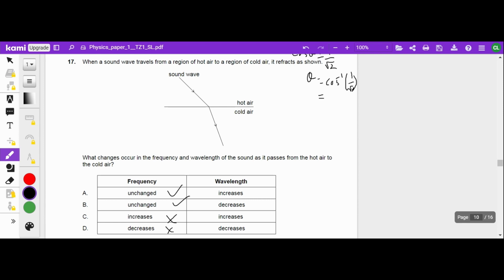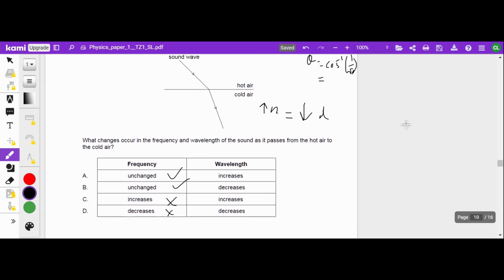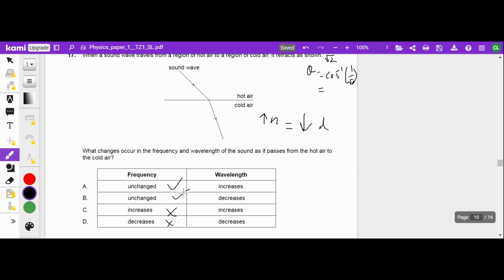So it probably has a higher refractive index. A higher refractive index would mean a lower wavelength because it just slows down. A lower wavelength and a lower speed. So it decreases. So the answer is B.